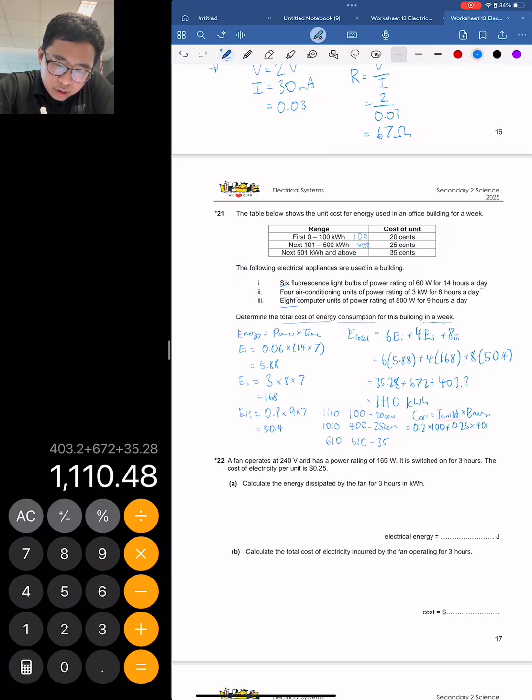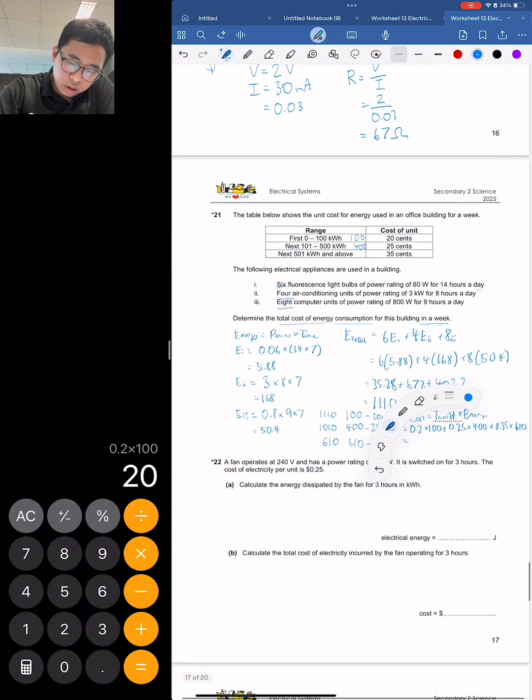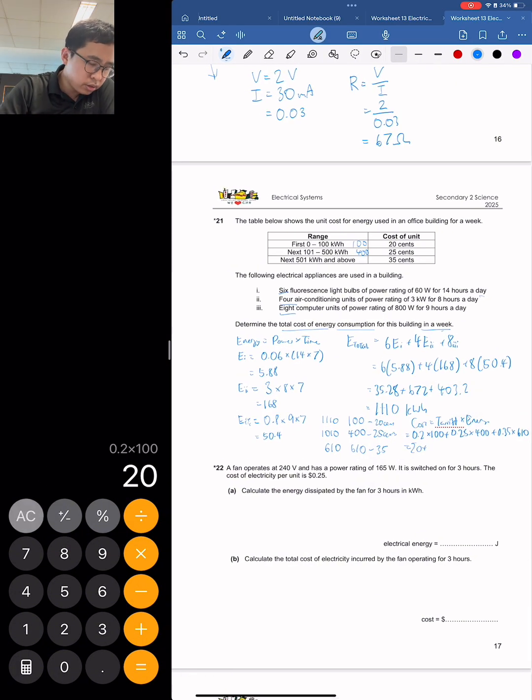So 0.2 times 100 is 20, plus 400 times 0.25, which is 100, plus 0.35 times 610, which is 213.50.